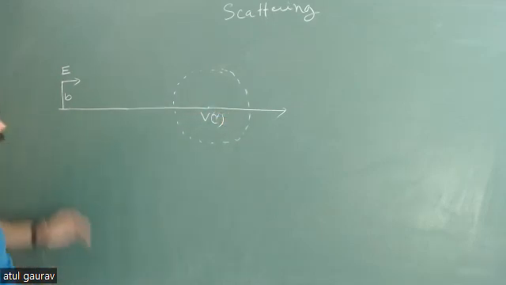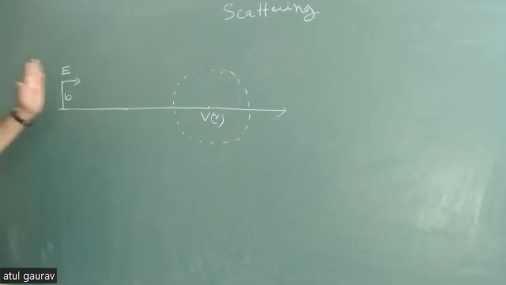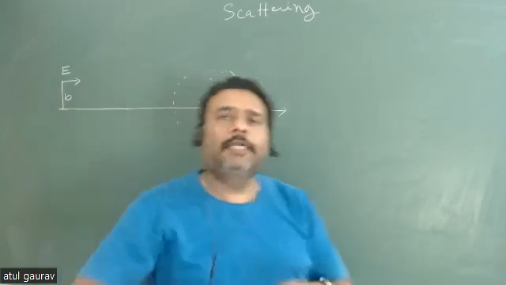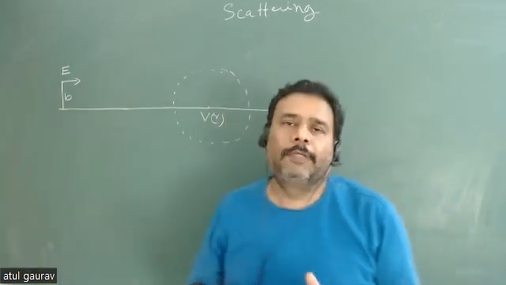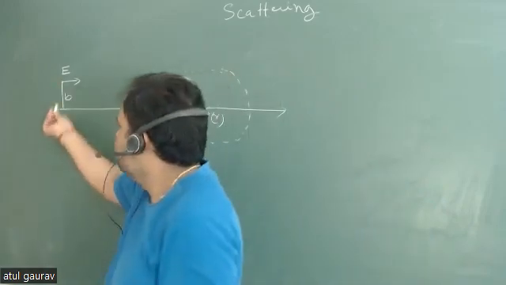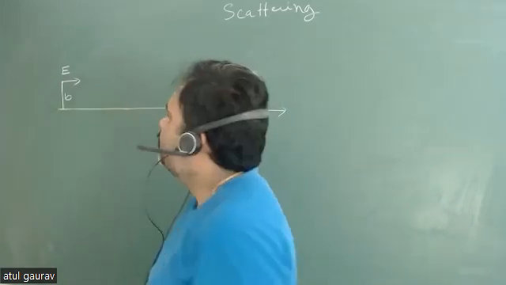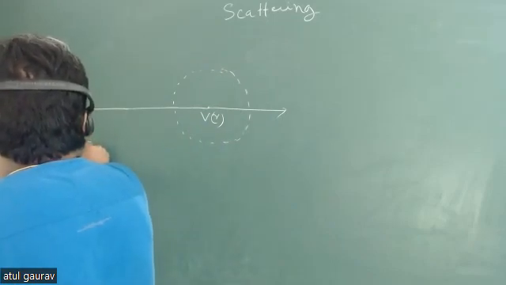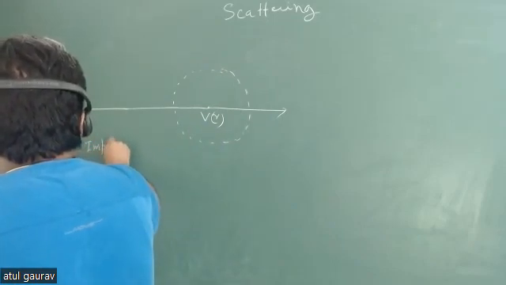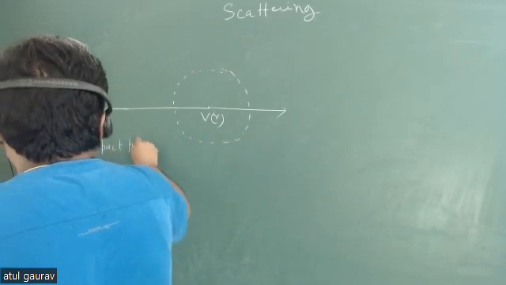This is the perpendicular distance when your particle is at infinity, that means when your particle is not under the influence of this particular potential or field. This distance b is very famously known as the impact parameter.